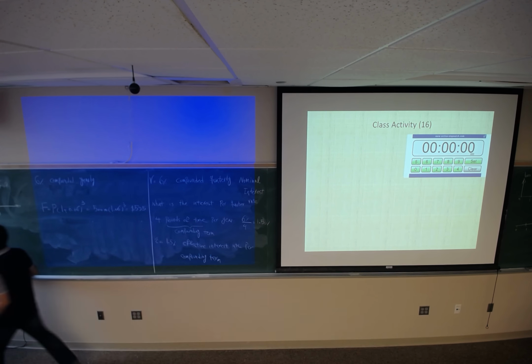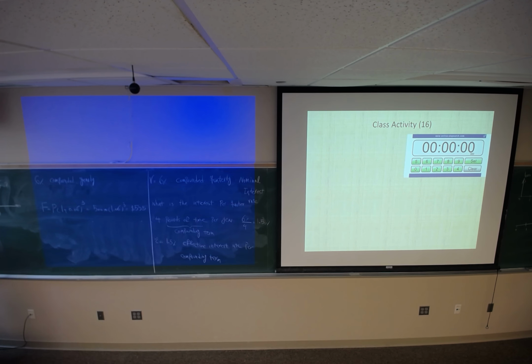So for year 1, we are going to have 4 periods of time, 4 compounding terms, and in each period of time, the interest rate is 1.5%.